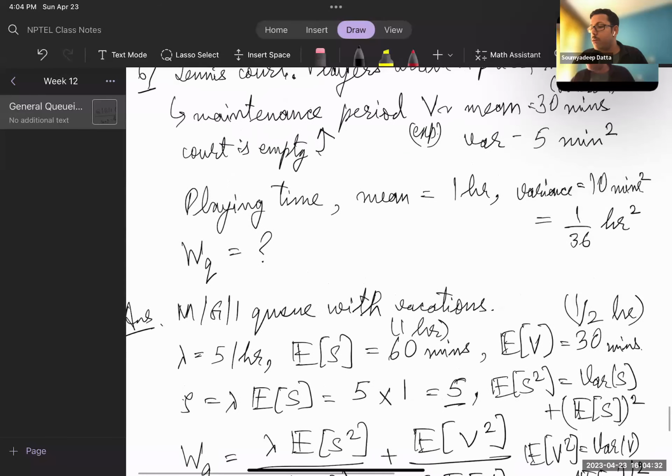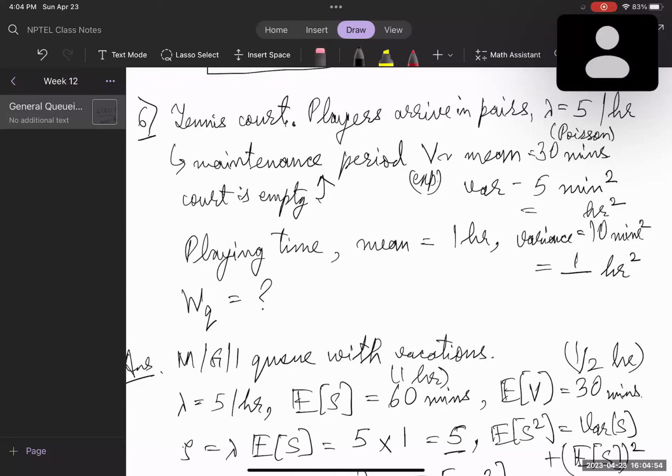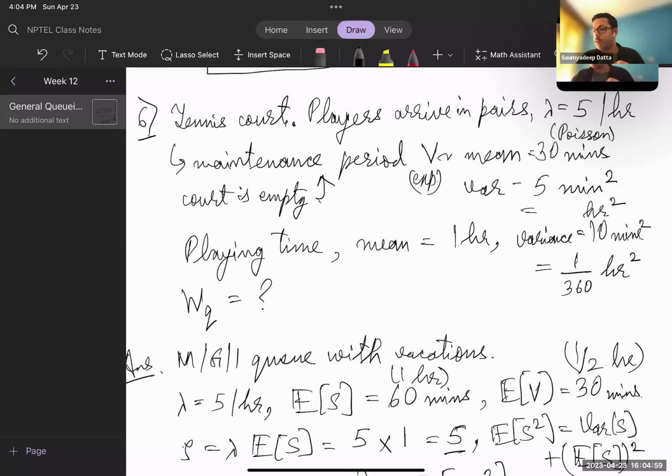This is nothing but, dividing by 1 by 60 times 1 by 60, 1 by 360 hour squared.